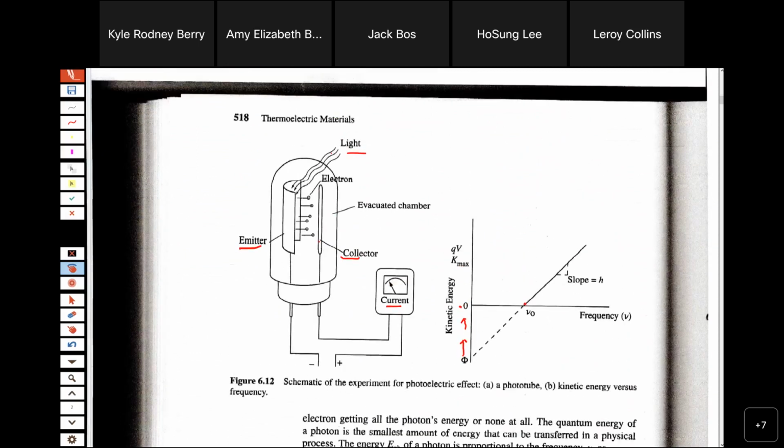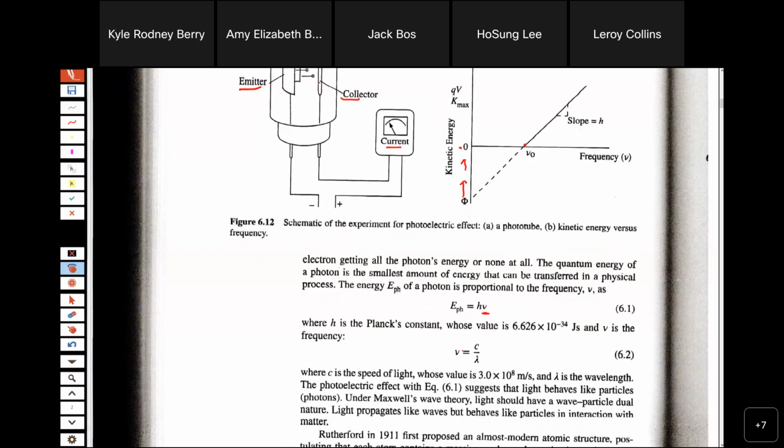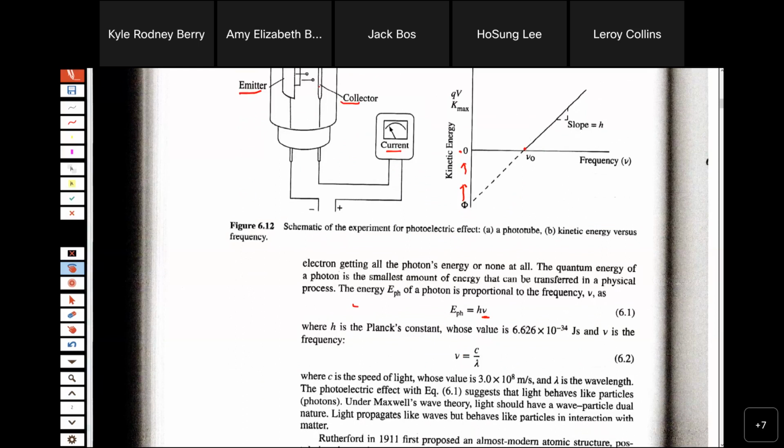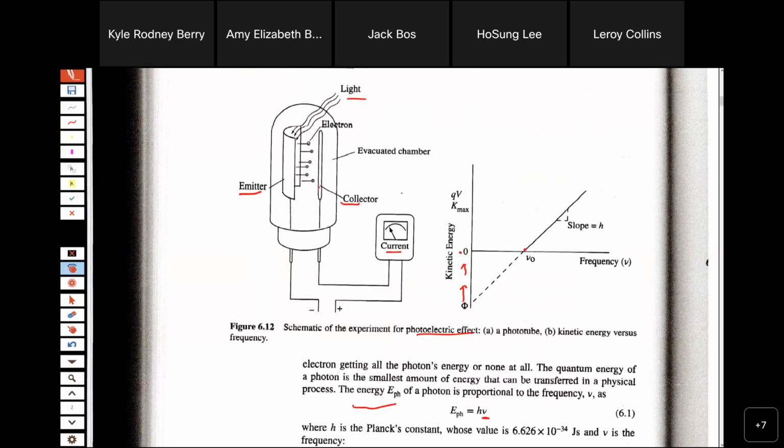How strong or intense the light is, nothing happens. Only at a certain frequency does the light come and the electron come out. Since his discovery of the photoelectric effect, the light is a particle. It can only be explained since it's a particle.